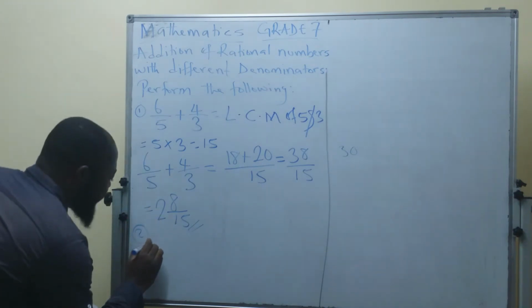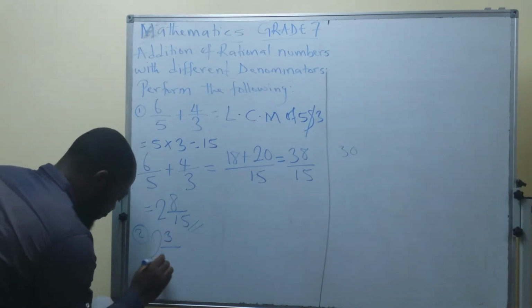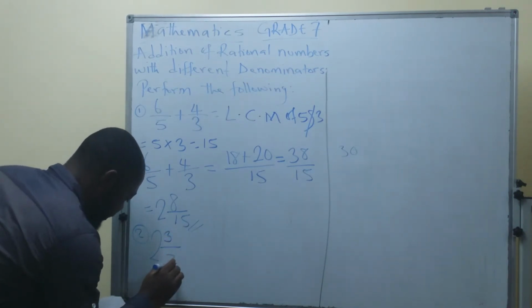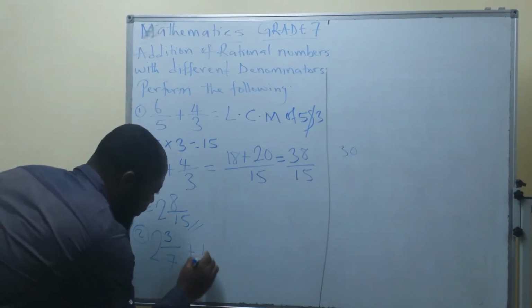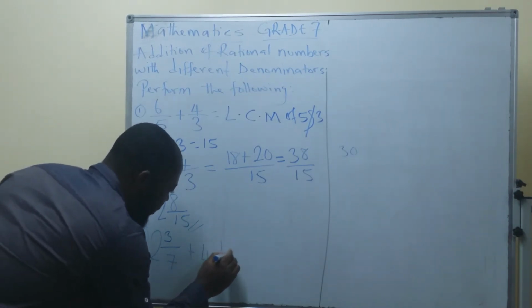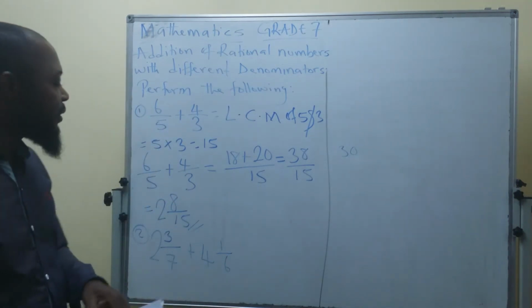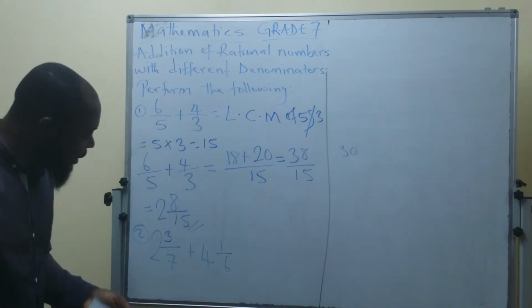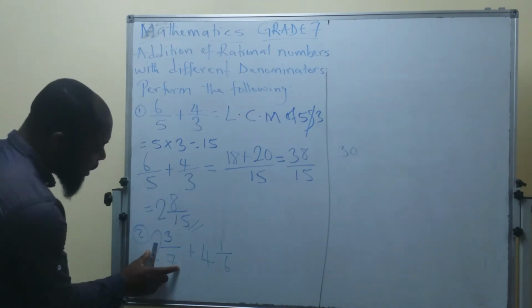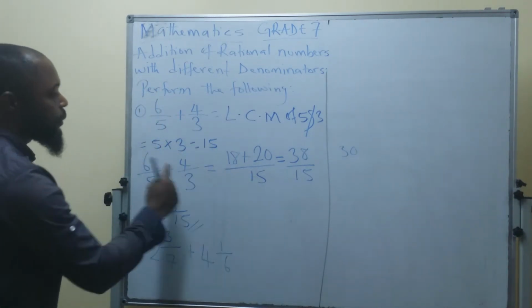Okay, so we have 2 whole number 3 over 7 plus 4 whole number 1 over 6. Okay, now this kind of fraction, before you solve it, you need to convert this mixed fraction into improper fraction before we can solve it this way.